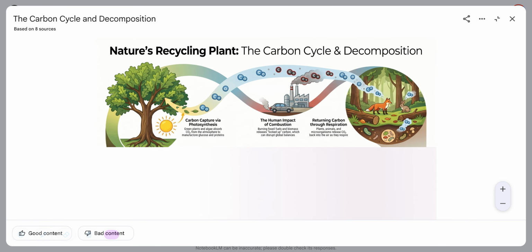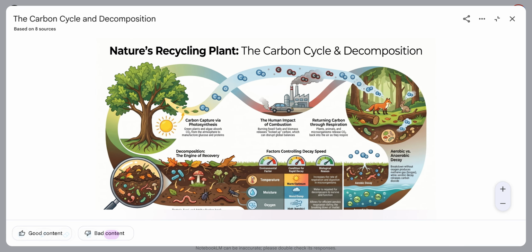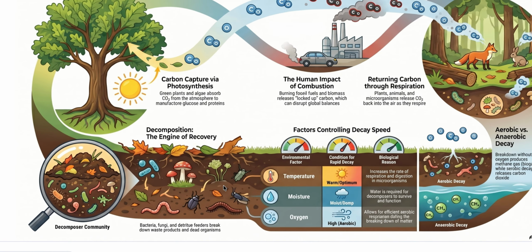And here you have your very own infographic on carbon. We already had one, we already put one on there. But look at that, and it's detailed. And here you've got this lovely section on decomposers, where we were talking about decomposers, and you can see them all. We've got fungi, bacteria, beetles, worms.